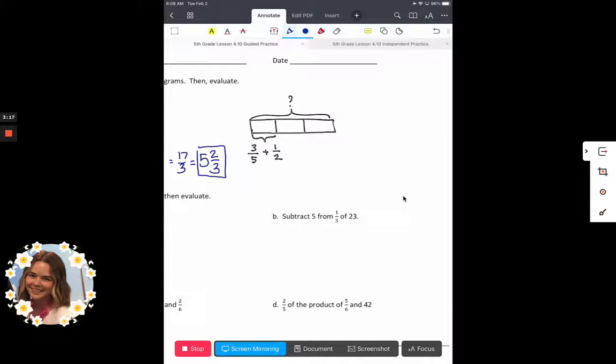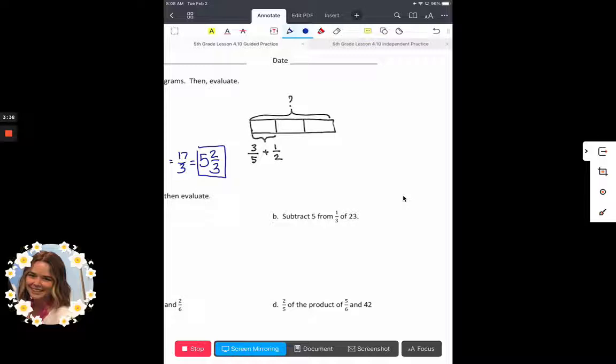So let's take a look at this second diagram. This time we don't know how much the total is. So that's what we're finding. But we do know that it's been separated into thirds, where there's 3 of them. We know that one of those is 3/5 plus 1/2.